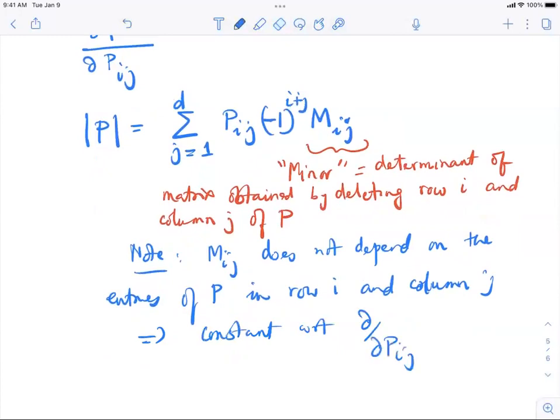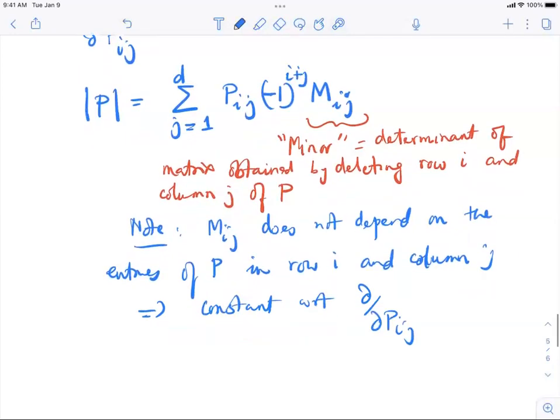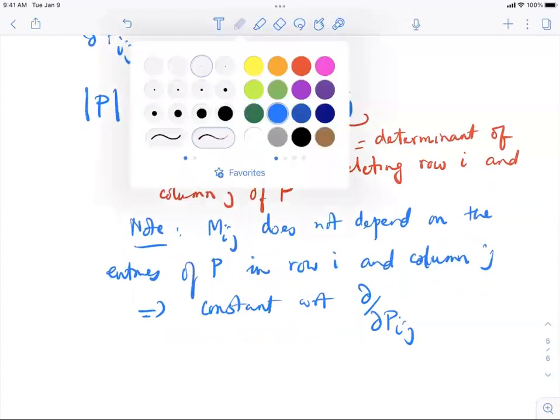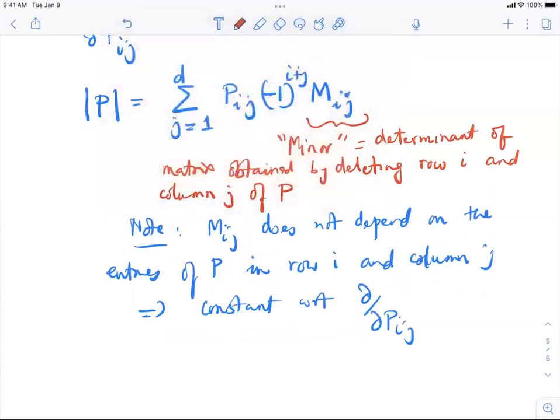It just pulls out as a constant when I take the partial derivative with respect to P_ij. So now that I know that, it's easy for me to compute the partial derivative of the determinant of P with respect to P_ij. It's just -1 to the i plus j M_ij. It's the only place where P_ij appears.